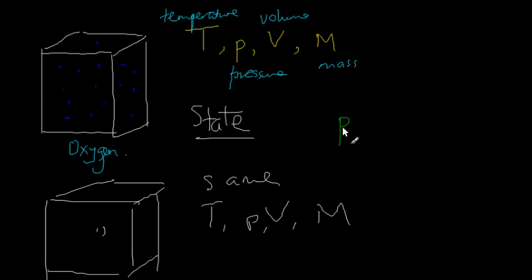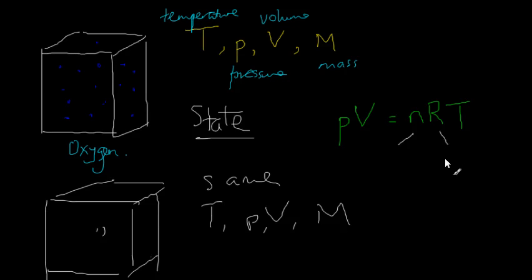It is usually written as PV, pressure times volume, is equal to nRT. So I'm introducing two new quantities, n and R. I'll just briefly say what they are and explain more in a moment.